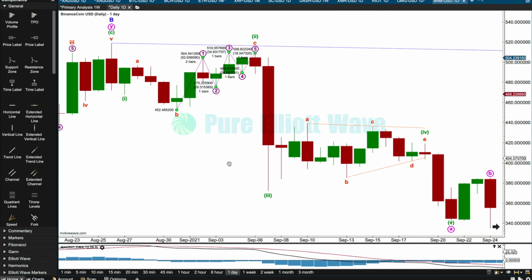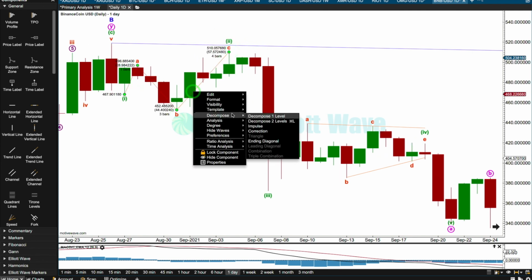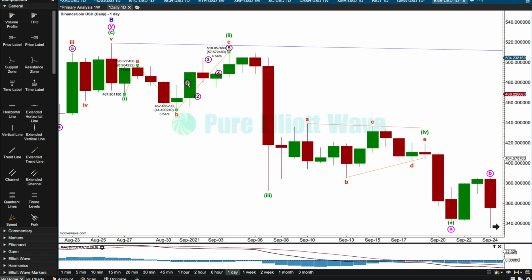Oh no, because you can't have a fifth wave in an ending diagonal that's truncated. So it can't have ended there. 5 must end beyond. So this has to be like this. And what if this? No, now we're going to have an overlap, aren't we? Nope.